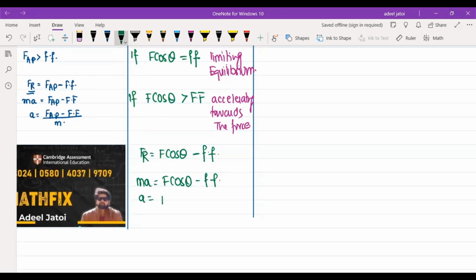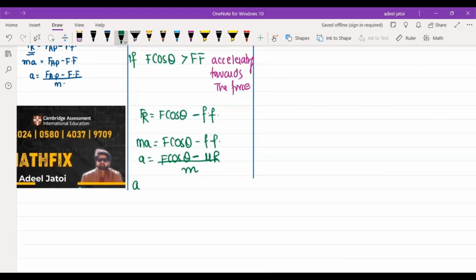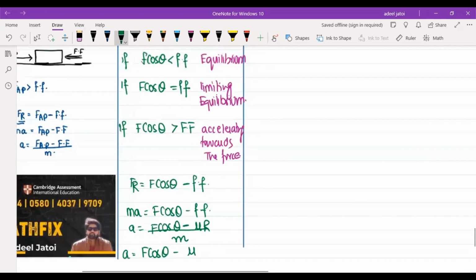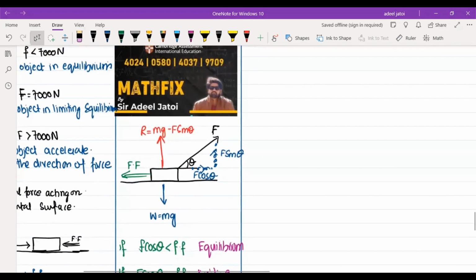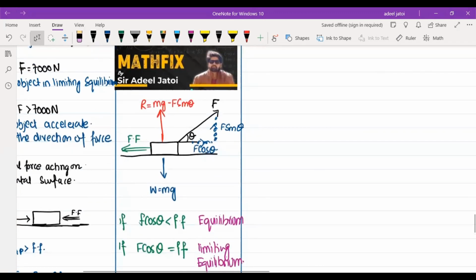So A will be F cos theta minus mu R, upon M. And the R we had was mg minus F sine theta.